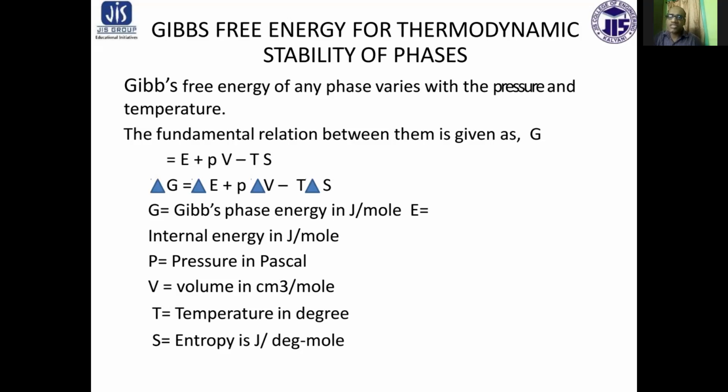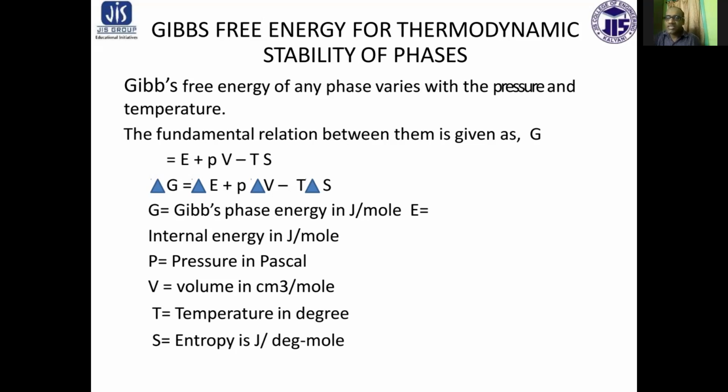Gibbs free energy for thermodynamic stability of phases. Gibbs free energy for any phase varies with pressure and temperature. The fundamental relation between these is given by G is equal to E plus PV minus TS.